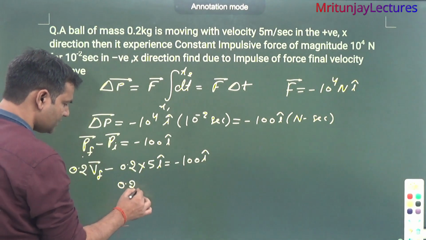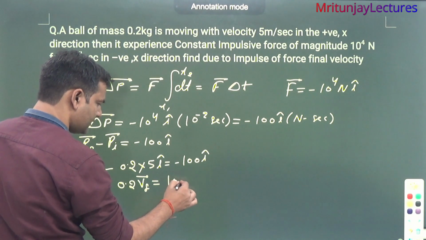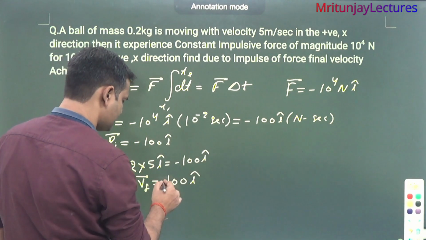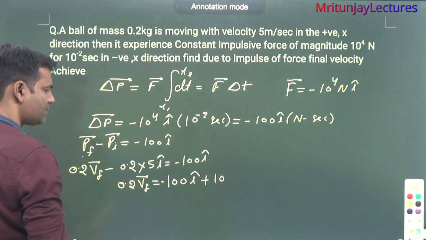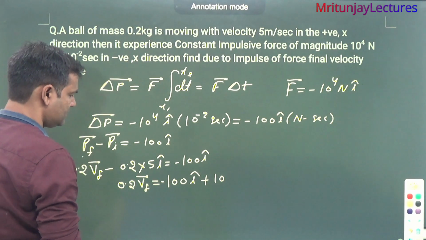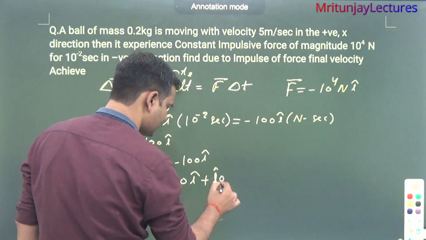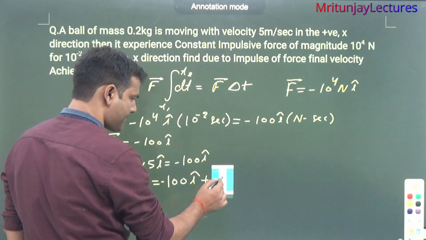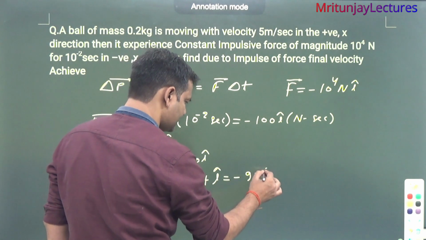So 0.2 into final velocity equals minus 100 i cap plus 1 i cap, that is minus 99 i cap.